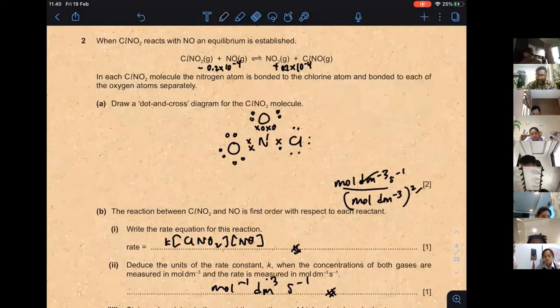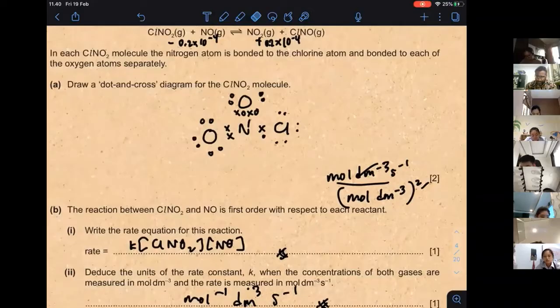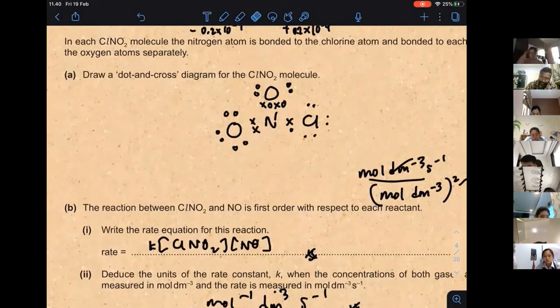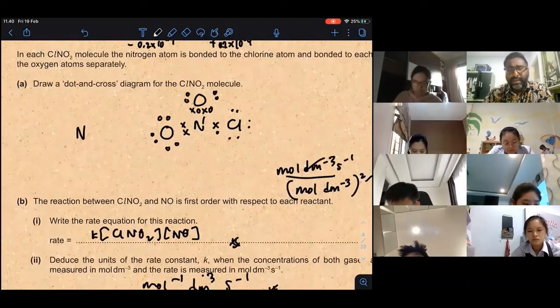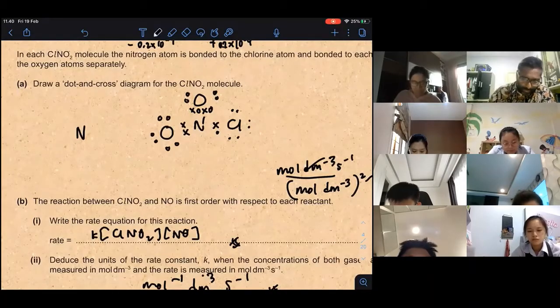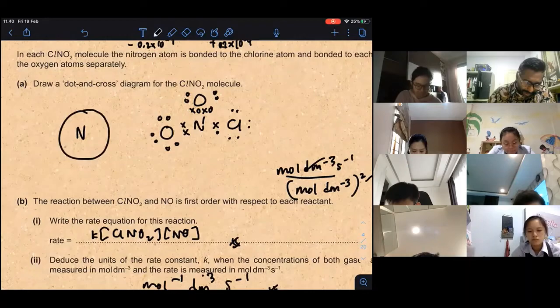So they are telling us that nitrogen is going to be the center atom. So I put the nitrogen as the center atom. Nitrogen is from group 15, so 5 valence electrons.